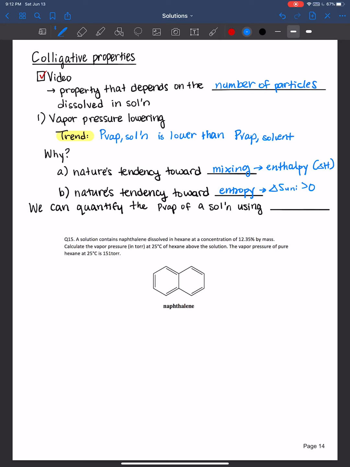And we can quantify the vapor pressure of the solution using Raoult's law. So the vapor pressure of the solution is equal to the mole fraction of the solvent times the vapor pressure of the solvent.